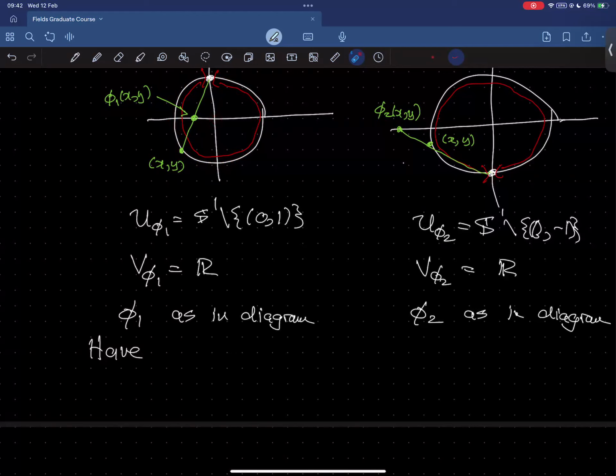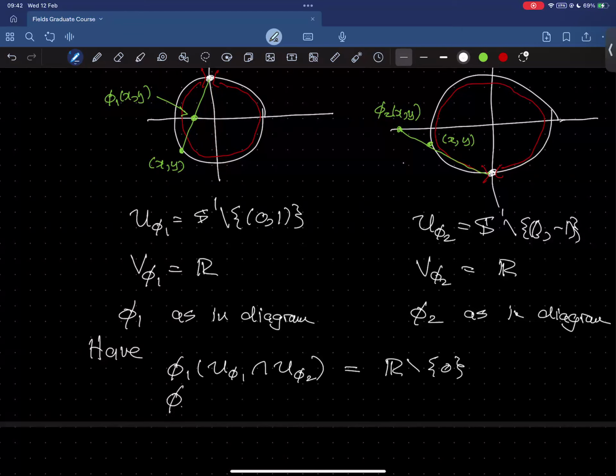So if I take my chart map and I want to find what phi 1 of this point is, the rule is I draw a line from the North Pole through that point, and I record where it intersects the x-axis, but it intersects the x-axis at 0. So the point is that phi 1 of U phi 1 intersect U phi 2 is equal to R take away 0.